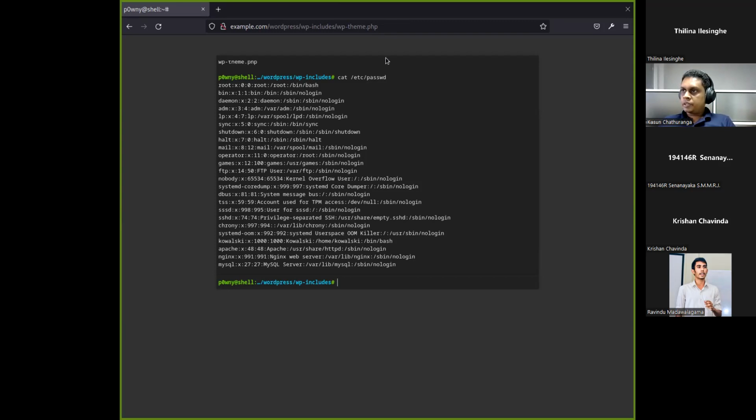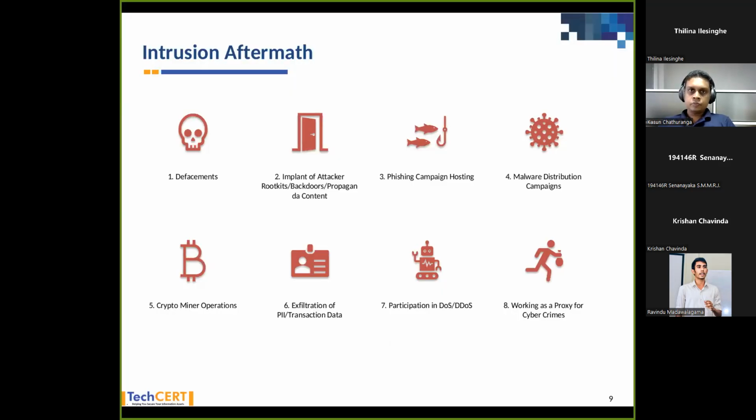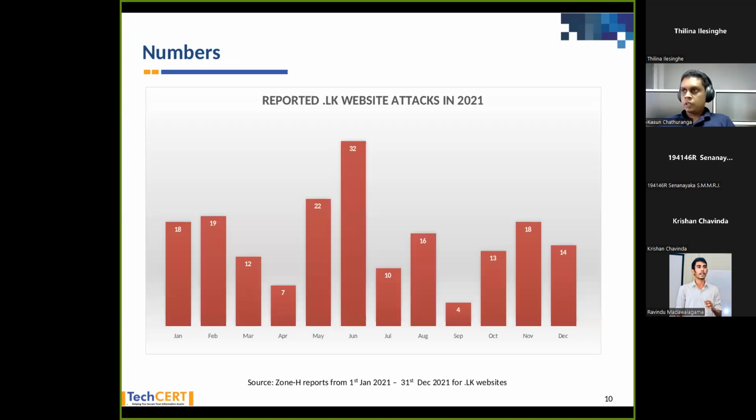Let's get back to the presentation. If you take the numbers, these are the numbers of reported website intrusion attempts in Sri Lanka last year.